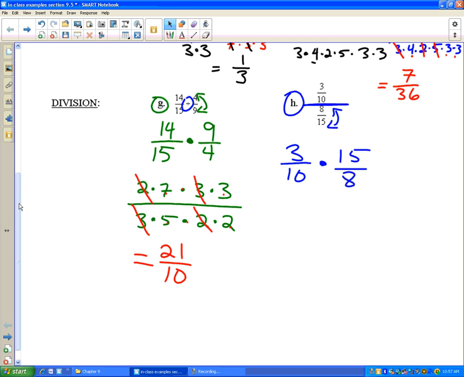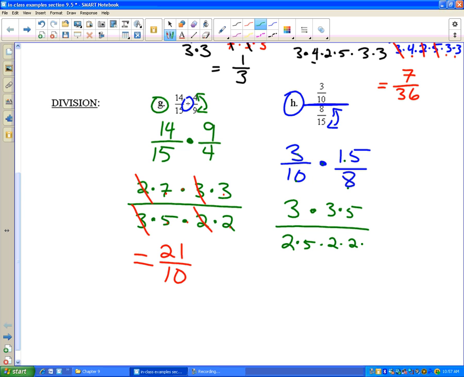Again, I want to write this in some sort of prime factorization. 15 is 3 times 5. 10 can be written as 2 times 5. 8 technically is 2 times 2 times 2. Let's cancel out what I can cancel out.